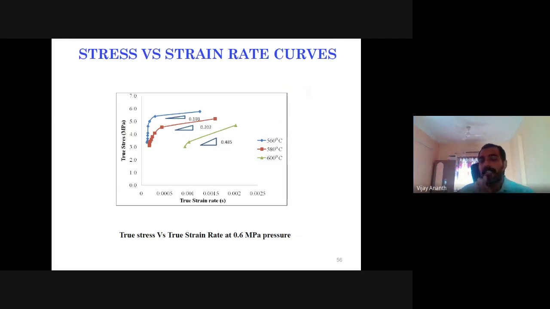Now, we already discussed the strain rate sensitivity index initially. The main requirement is that the strain rate sensitivity index should be a minimum of 0.3, right? At 600 degrees centigrade we have very good formability, but still only 0.2 is obtained at 580 degrees centigrade, and 0.1 at 560 degrees.